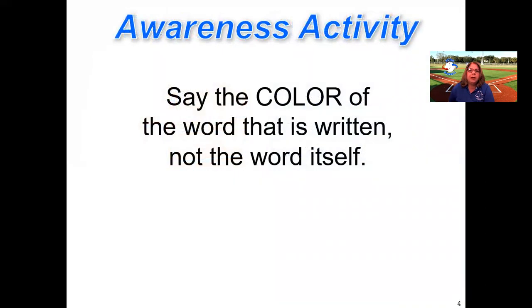So now we're going to do an activity that's going to help you show how some people don't learn quite as quickly as others. So we're going to say the color of the word that is written and not the word itself. Now I know you're just home in your living room or in your bedroom watching this, but do play along because I think it will give you a good example. So again, we're saying the color of the word that is written, not the word itself.